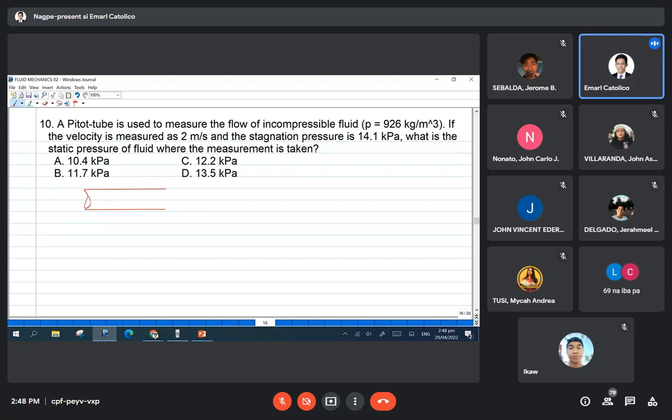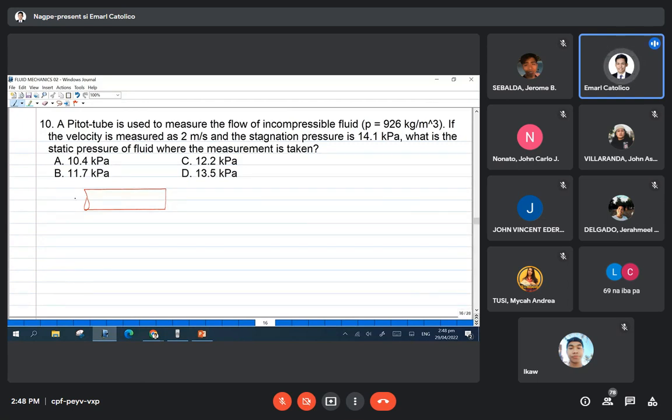So let's say ito yung ating pitot tube. Then, so meron tayong density of 926 kilogram per cubic meter.